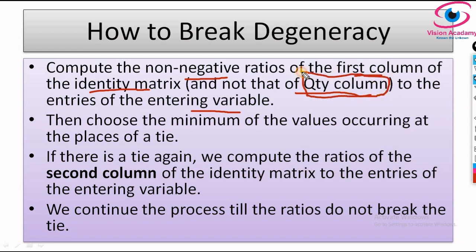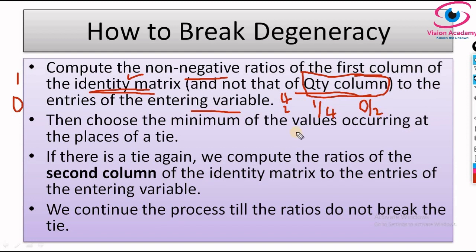Instead, we consider the first column of the identity matrix and divide by the entering variable. Say, for example, the first column of the identity matrix is 1 and 0, and the entering variable is 4 and 2. Then we find the replacement ratio by 1 by 4 and 0 by 2. This is how we deal with a degeneracy type of problem.